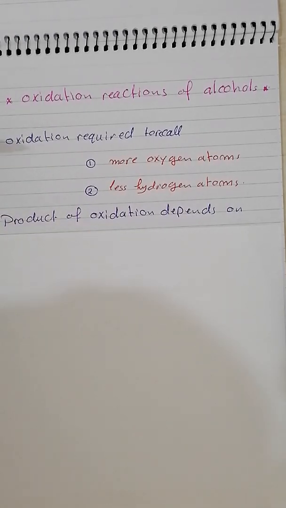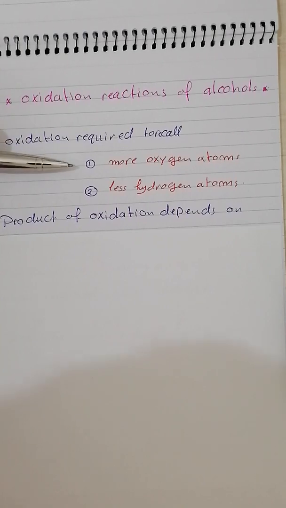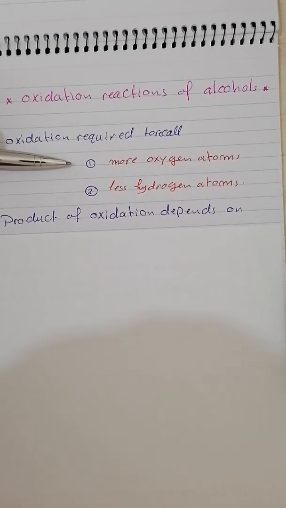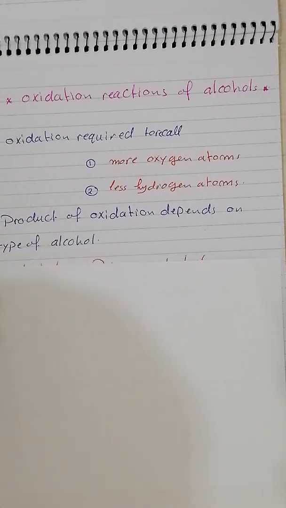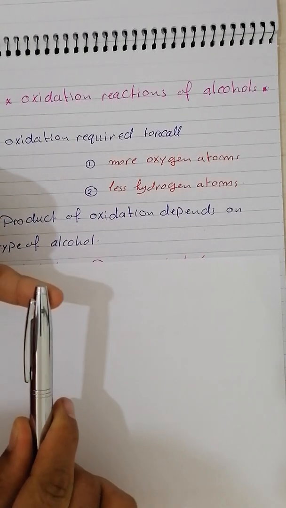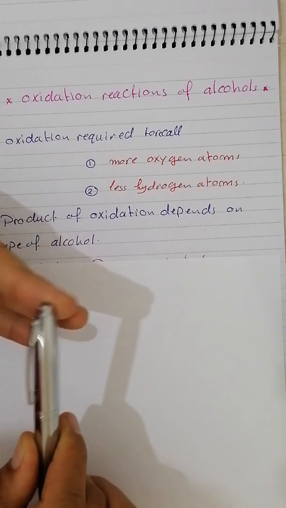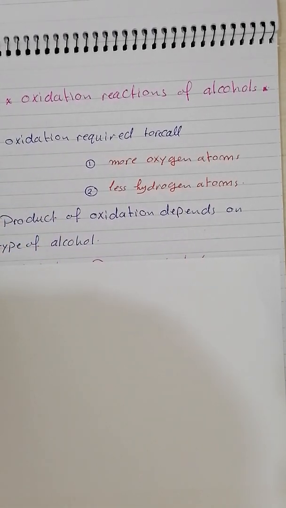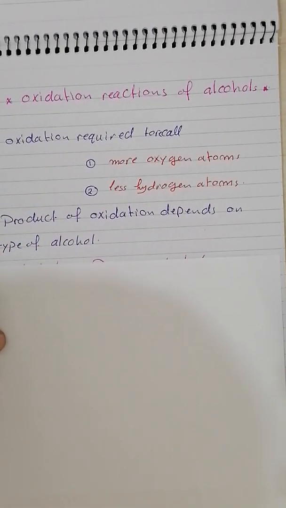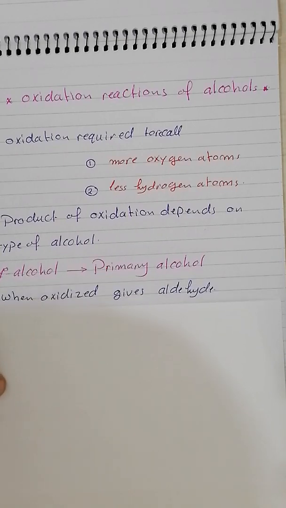So when we say a compound is oxidized, we will find there are more oxygen atoms in the compound, or at least fewer hydrogen atoms. Okay, now the product of oxidation of alcohols depends on the type of alcohol. We know we have three types of alcohol: primary, secondary, and tertiary. The product depends on the type of alcohol.